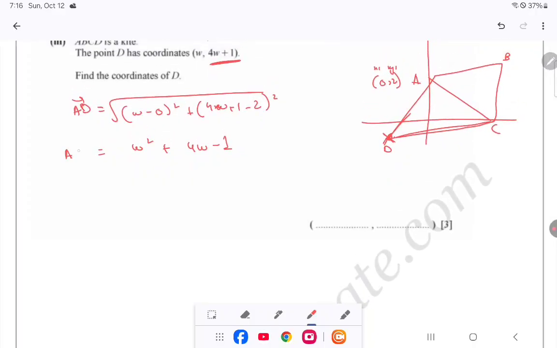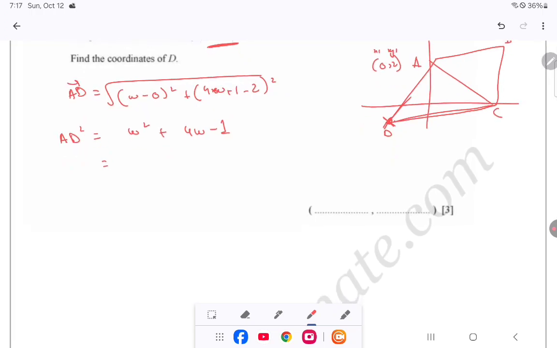Taking square on AD, taking square on both sides to remove the square root. Solve it further. w squared plus, open the (a minus b) squared formula, which is a squared minus 2ab plus b squared.